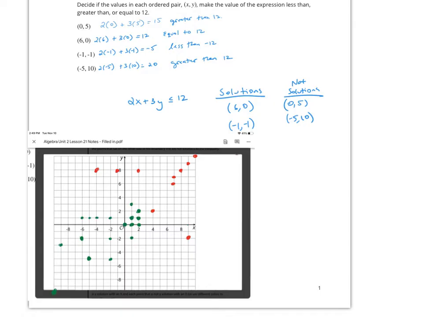Now you may or may not be able to notice that there seems to be some kind of separation between the points that are solutions and the points that are not solutions. It's not 100% identifiable right now, but you could probably draw some kind of boundary line that separates the two sides. So I want you to keep that in mind for this next activity.